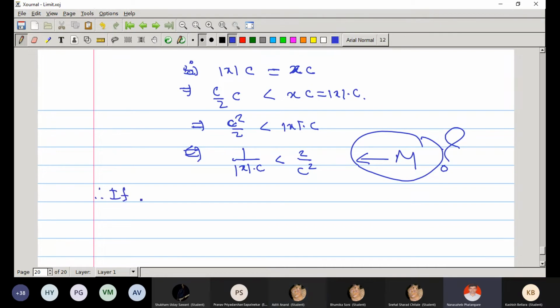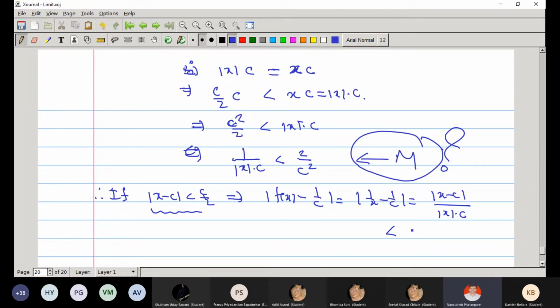Therefore, under this assumption, or under this control on x, we can see that |x - c|/|xc| is less than |x - c| times m.